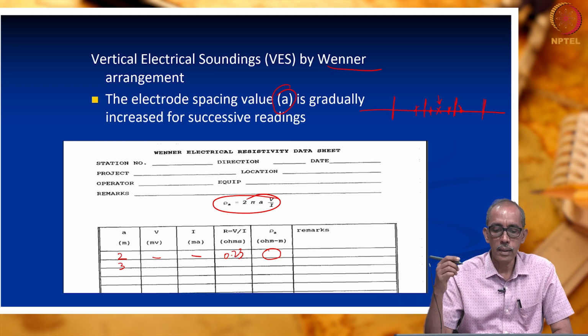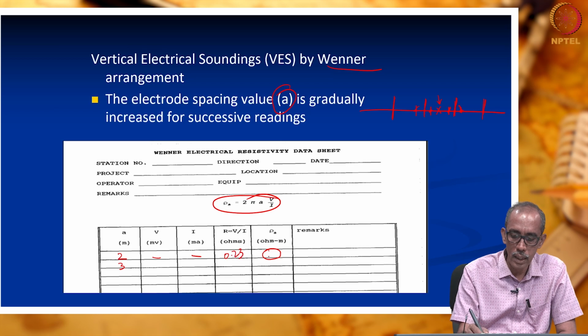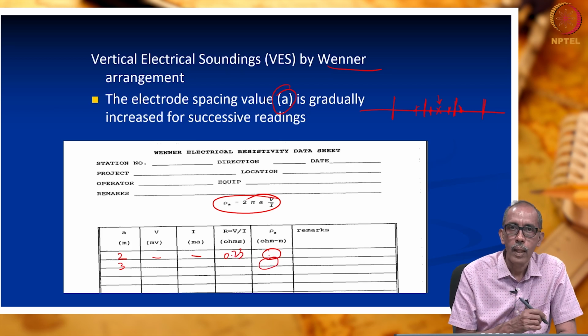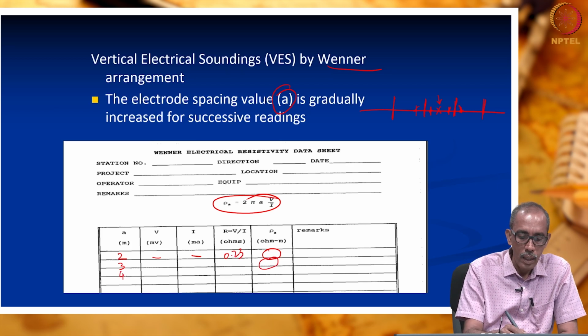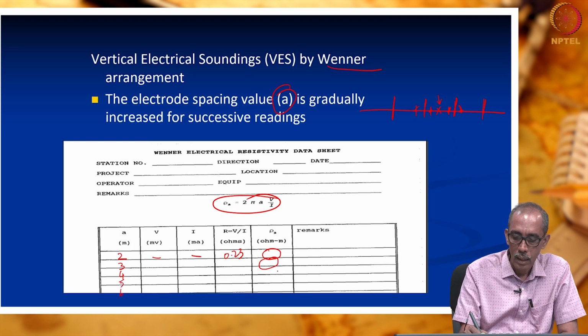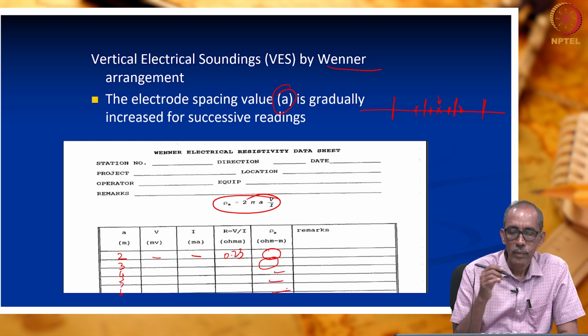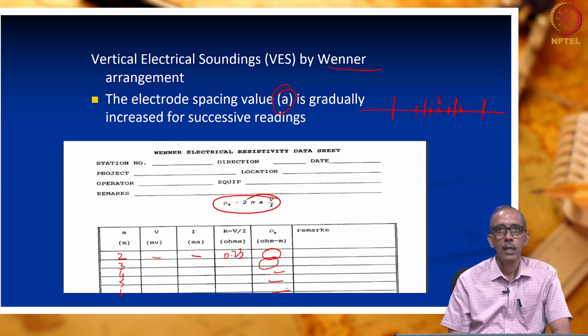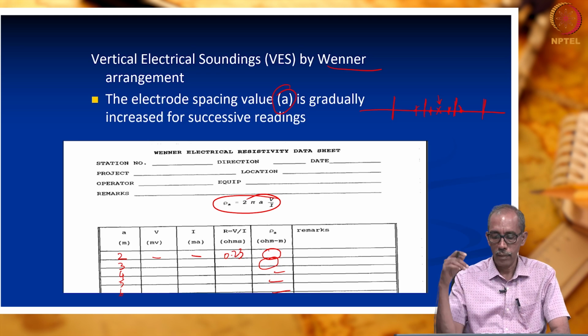Every electrode is at 3 meter distance. I note down the next value. This is how I prepare my data. I get the values of apparent resistivity. So, this is how we obtain data in vertical electrical sounding by Wenner method.